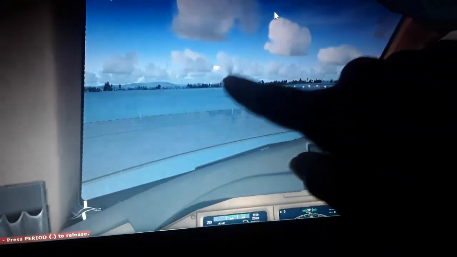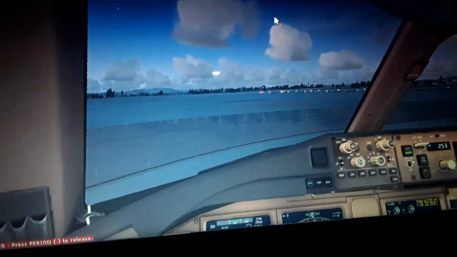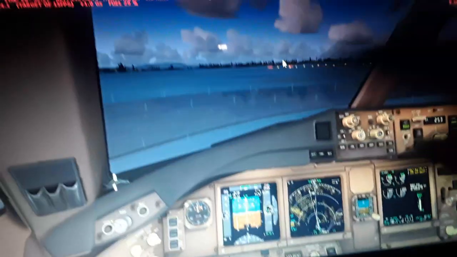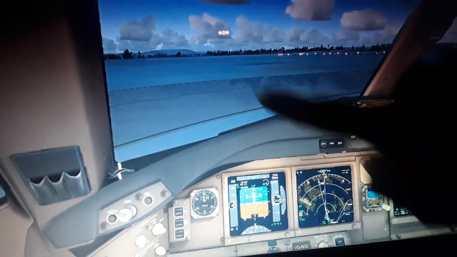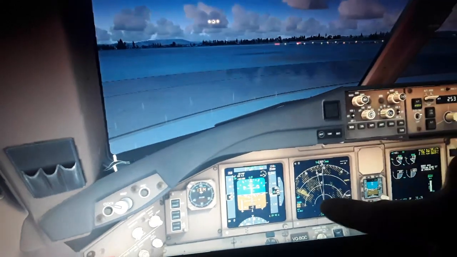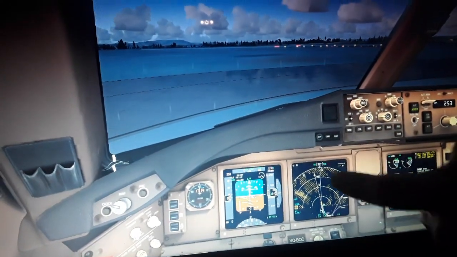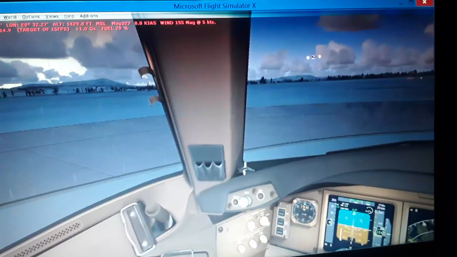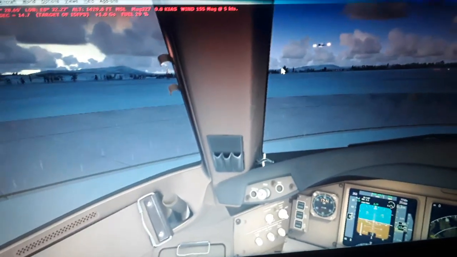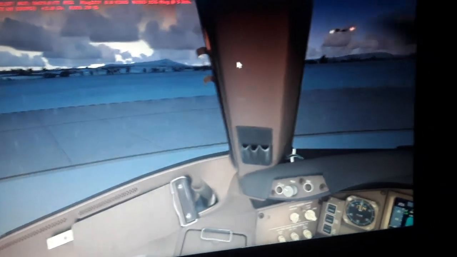So we have it here blinking much brighter. So we just spotted the aircraft here and here. So you can see now the yellow symbol here, the traffic, and we have the aircraft coming in for landing. So we can see, we can follow that.